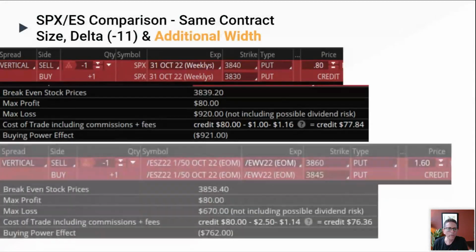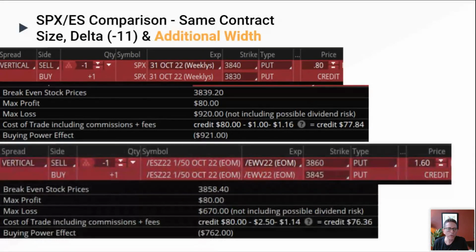Real quick, this is kind of apples to apples because you're using the same amount of premium. You cut this in half, it's 80 cents. But you're using two contracts. I'm sorry, not two contracts. You're widening the trade from 10 wide to 15 wide, and that's how you get the same amount of premium.